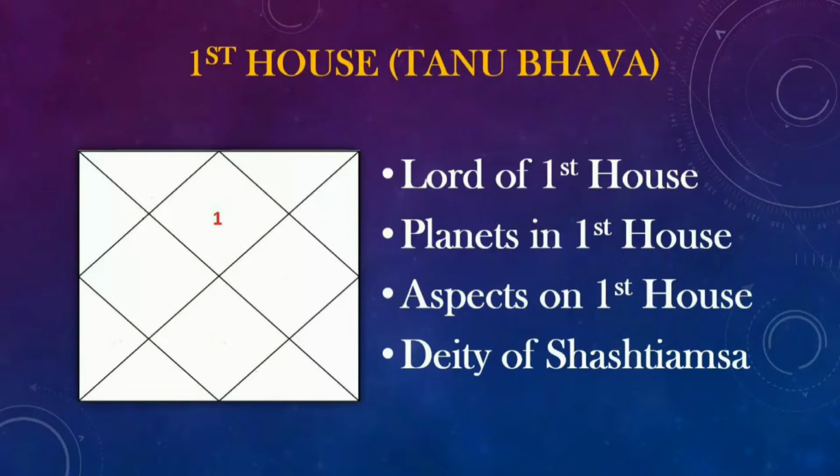Suppose planet Mars rules the first house of Shastiamsha, it indicates that you will require a lot of courage in this life to accomplish your tasks, and repetition of efforts. You have to repeat things again and again to reach a destination.